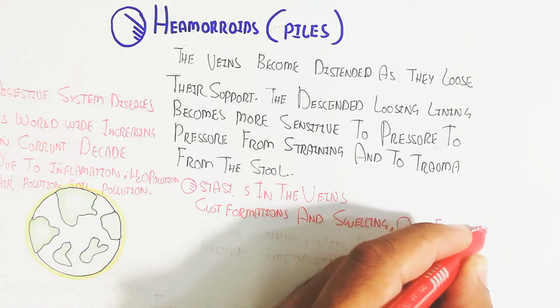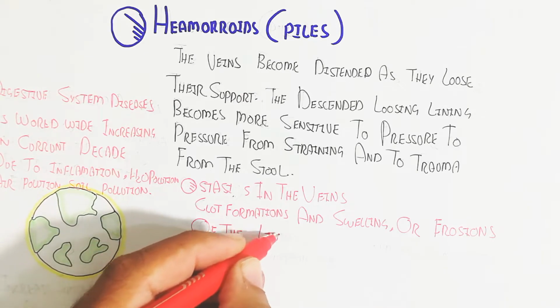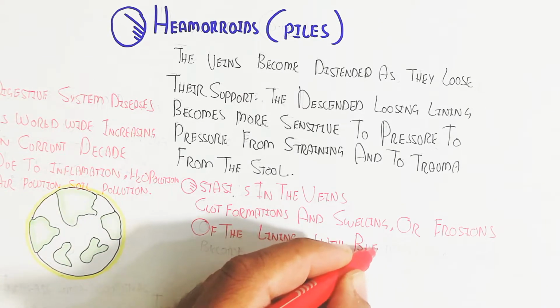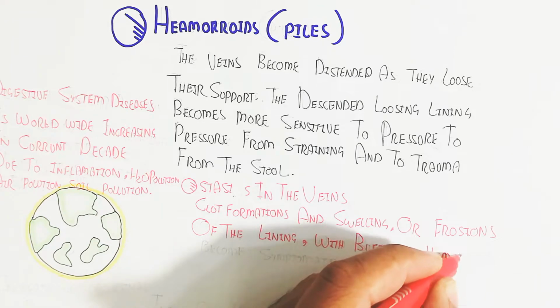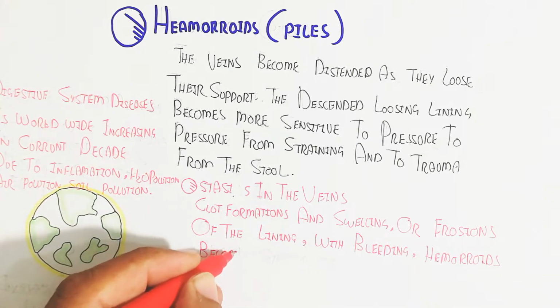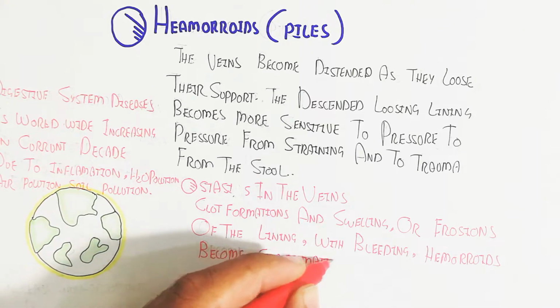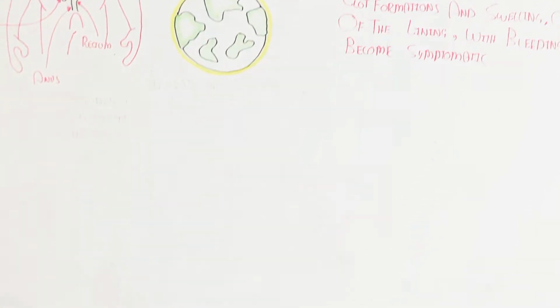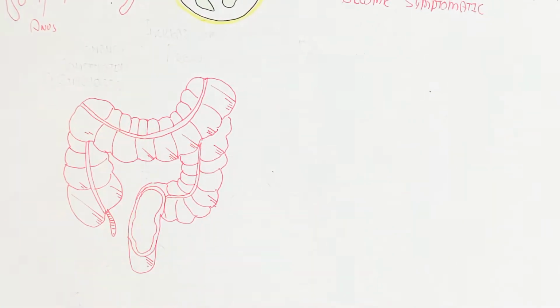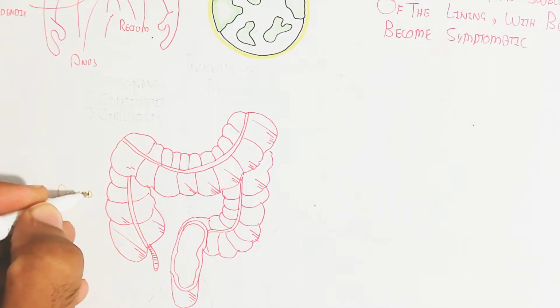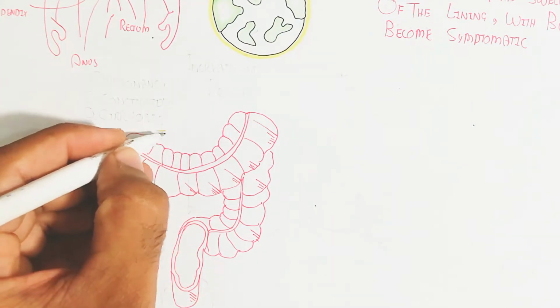Erosion means the older piles will lead to erosion of the anal lining, and with bleeding, hemorrhoids become symptomatic.